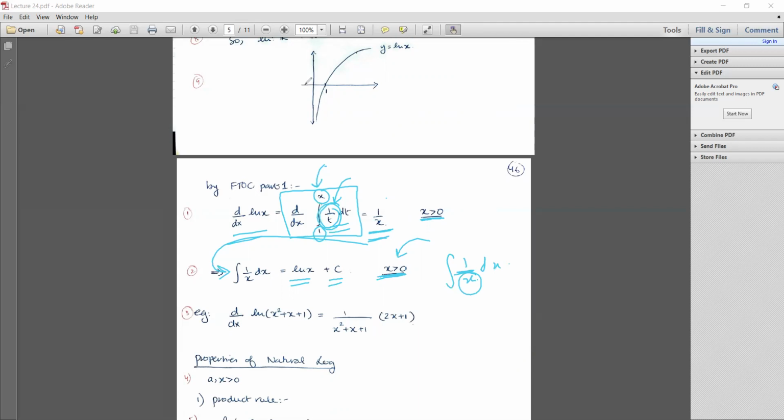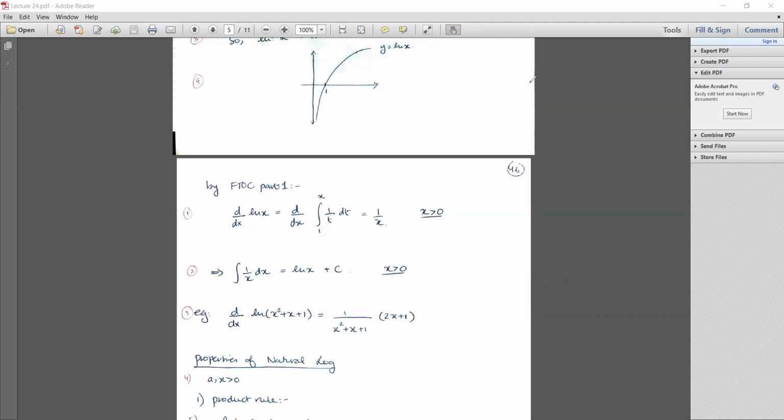But when x is positive, I write this as ln x plus c, because remember, we can call this ln or natural log. Natural log is only defined when x is positive, right? So for now, the integral of 1 over x dx is ln x plus c only when x is greater than 0. We'll deal with what happens when x is less than 0 in a moment.